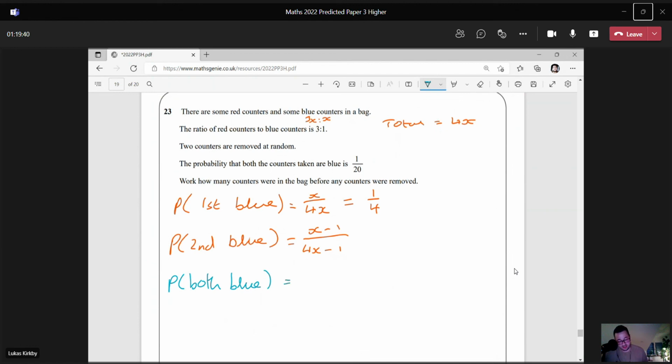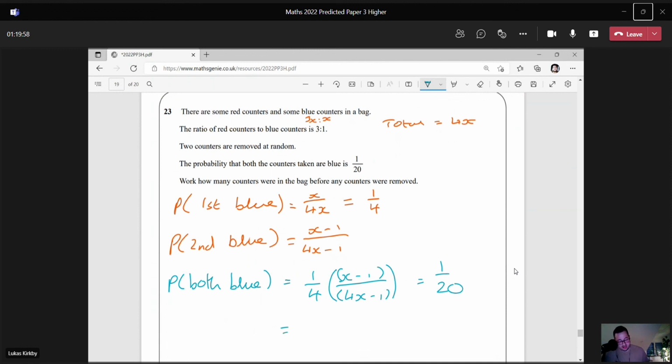So this is 1/4 times x minus 1 over 4x minus 1. There's too many brackets going on there, but you get the idea. And we know that that is 1 over 20.